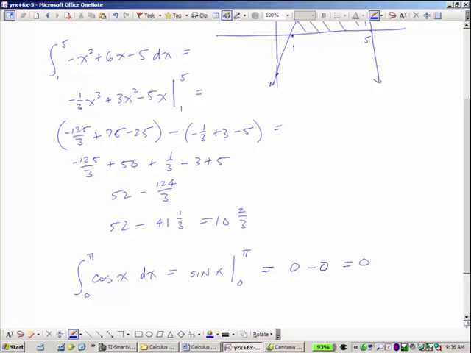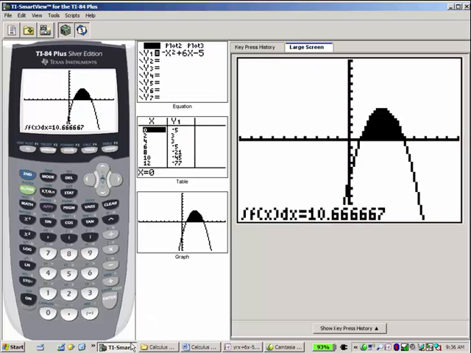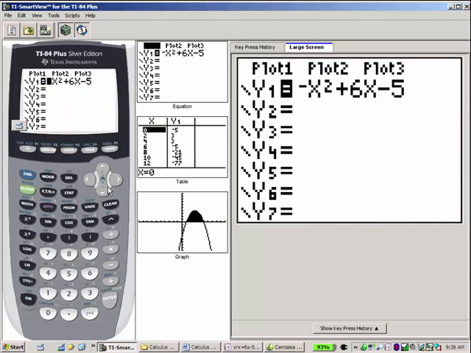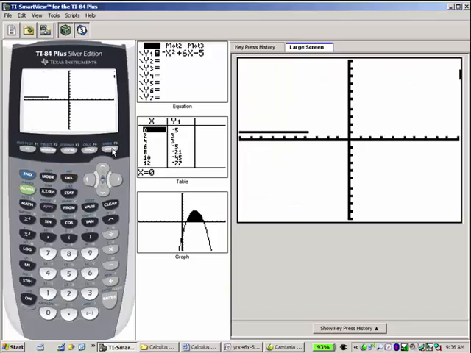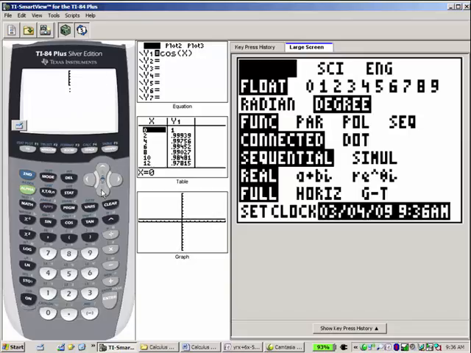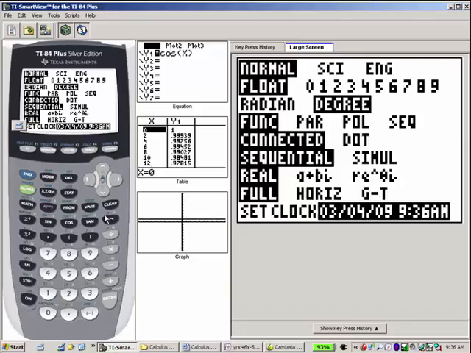So if I were to look at cosine x from 0 to pi, we would expect the definite integral to be 0. I did that because I know my trig. Some of you remember your trig. Some of you don't. So if we actually did the cosine of x and we graphed it, let's fix that.